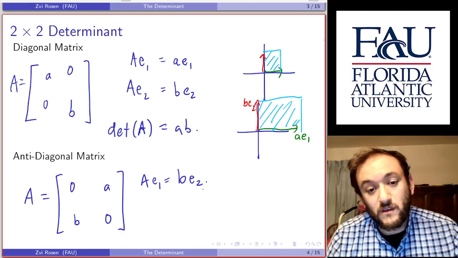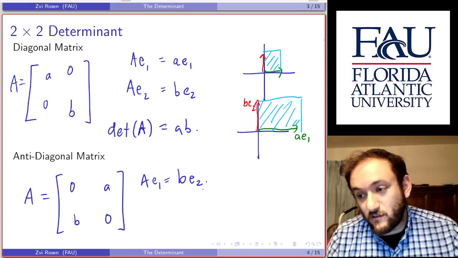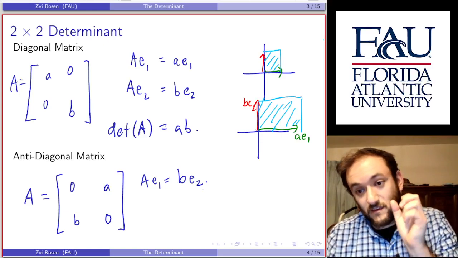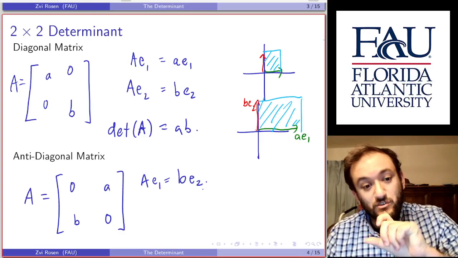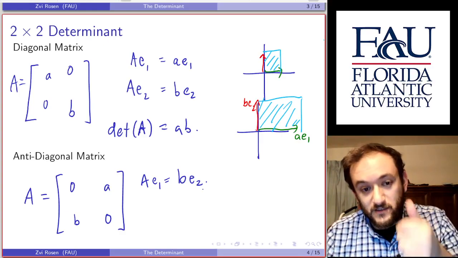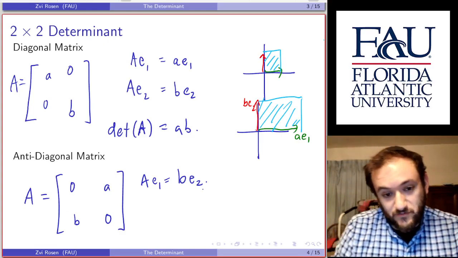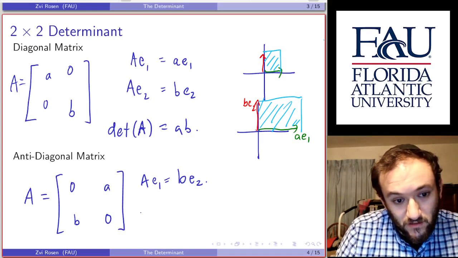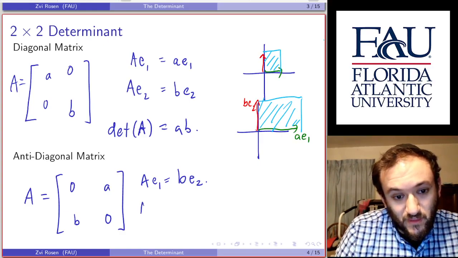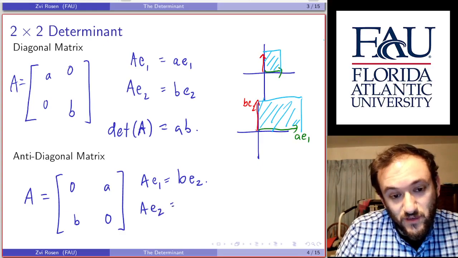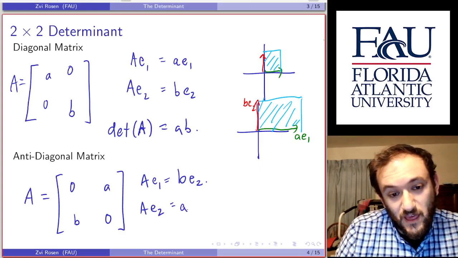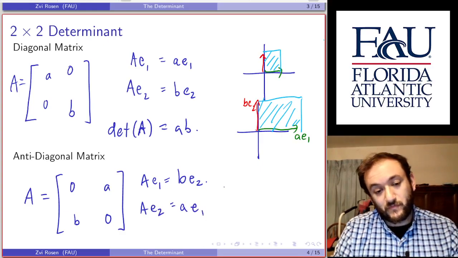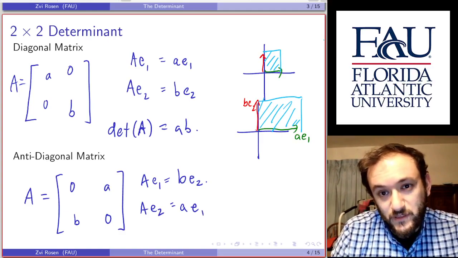So taking in a single unit vector in the x direction, now it turns to be B scaling in the y direction. Meanwhile, A E2 is going to be A E1. So how can we interpret this?